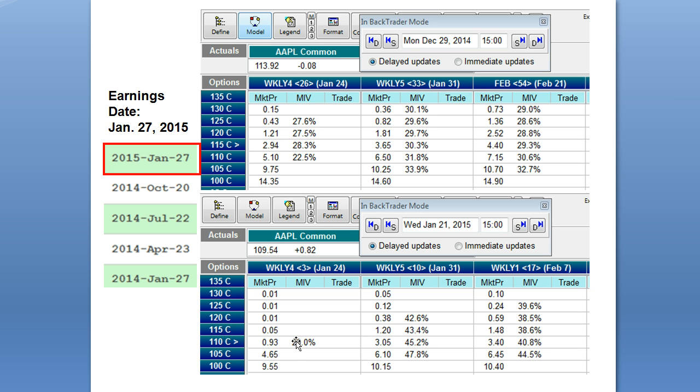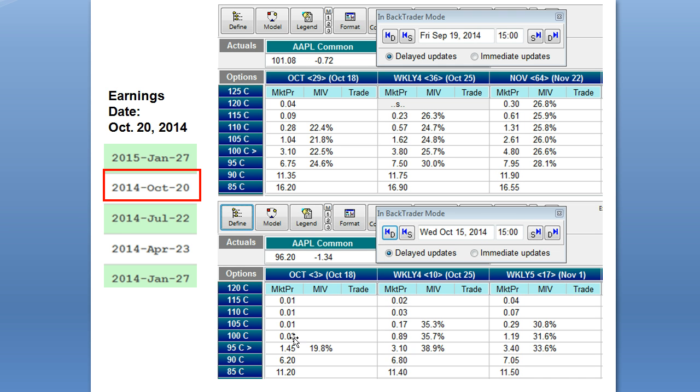Let's go to the next previous expiration in Apple. Let's go to the October 20th, 2014 example. Let's go a month prior. Okay, a month prior. October 20th is earnings. The expiration on October 18th is not affected by earnings. The expiration of October 25th is affected by earnings.